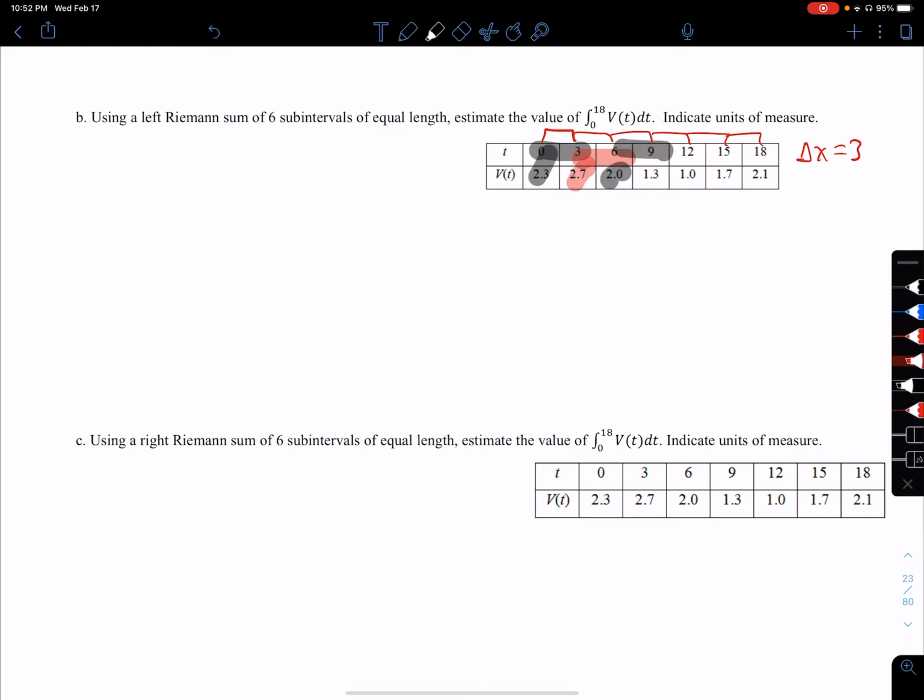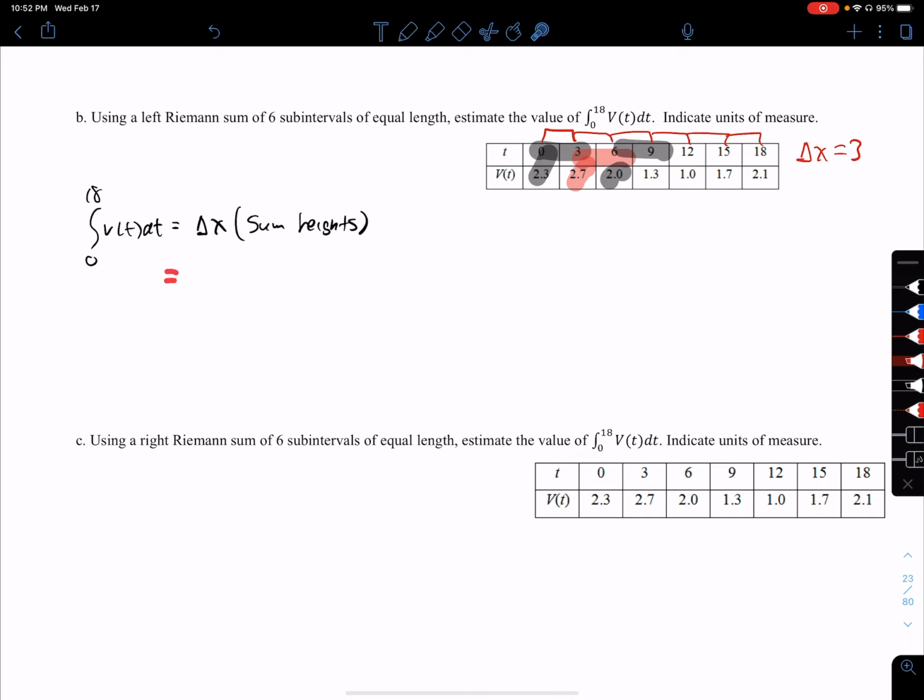For this subinterval, we're using 2.0, etc. So integrating from 0 to 18 the velocity with respect to time, since delta x is the same throughout, we can just take delta x times the sum of the heights. If that doesn't make sense to you, if you just want to say, look, I'm just going to find the area of each of these rectangles, and I don't care if it's a little bit more work, it makes more sense to me, then that's fine as well.